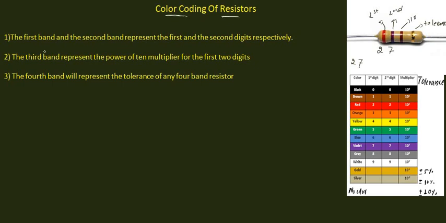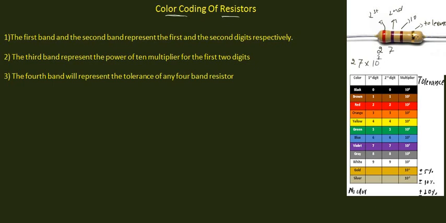The second point states that the third band represents the power of 10 multiplier for the first 2 digits. By this we mean how many zeros follow the second digit. The third color is brown, so the power of 10 here is 10 raised to the power 1. So we multiply it by 10 raised to the power 1.